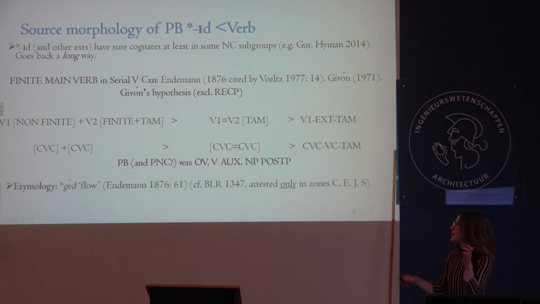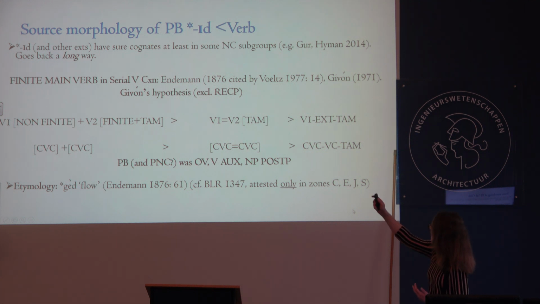Givón uses this, he hypothesizes this, to explain how it is that the tense aspect suffixes got stacked onto the extensions, that the order is that way and not a different one.